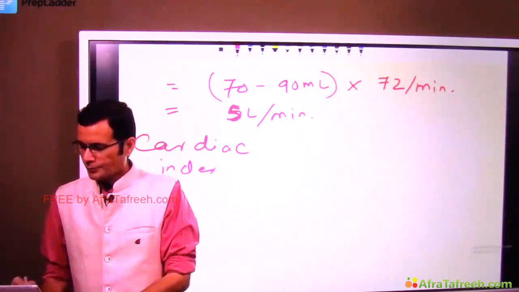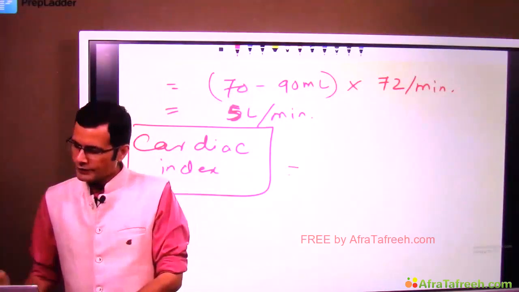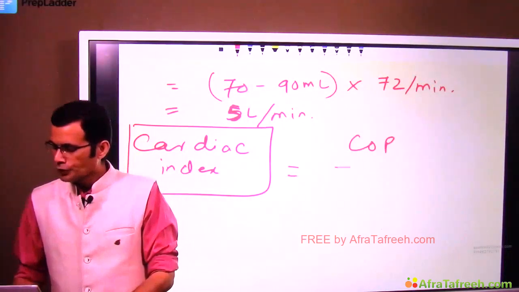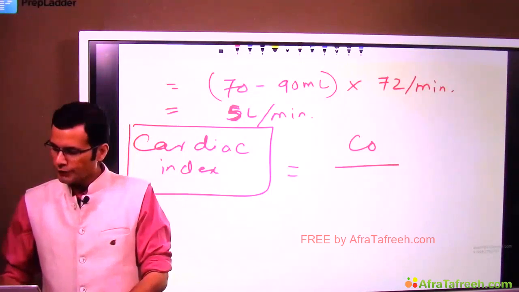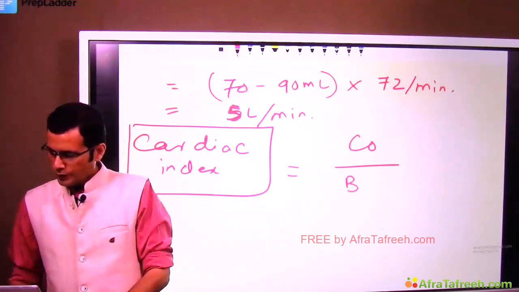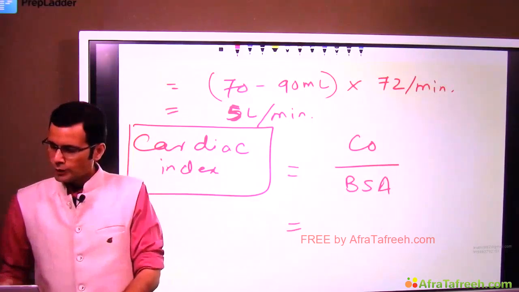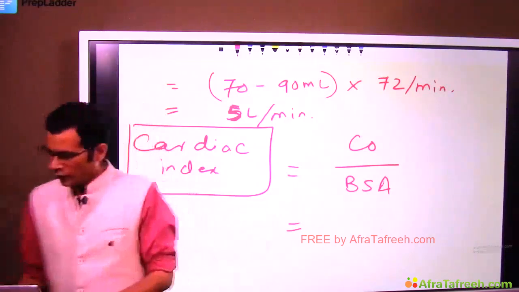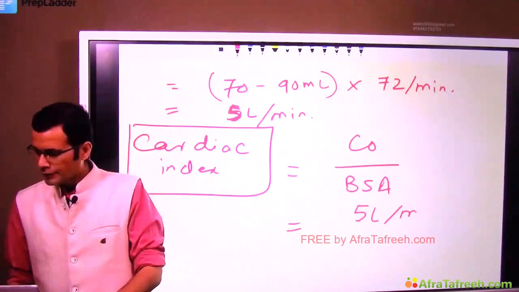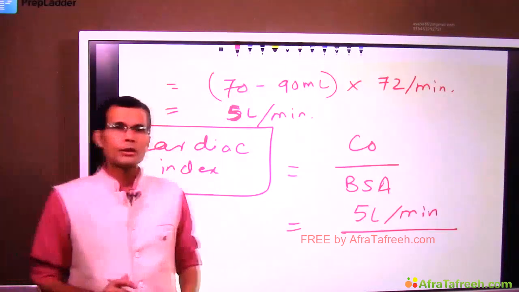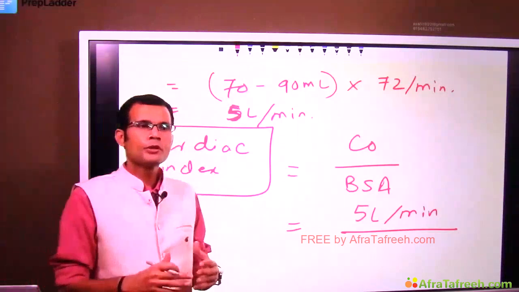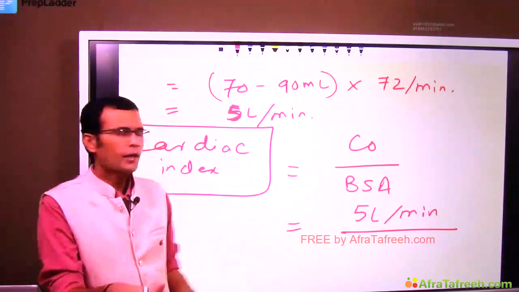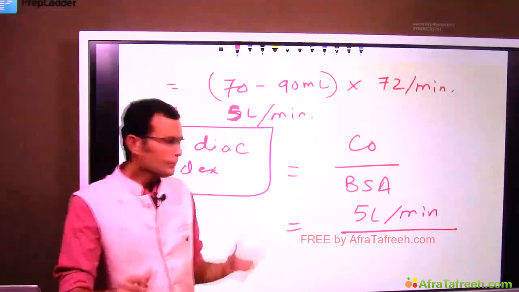Cardiac index. Cardiac index is cardiac output per meter square of the body surface area. So it's 5 liters per minute upon the body surface area of the individual. As I mentioned, they can give you some data and ask you to calculate this.